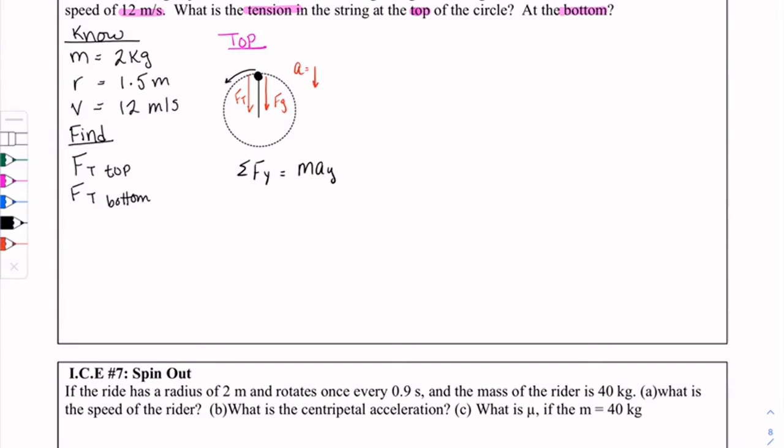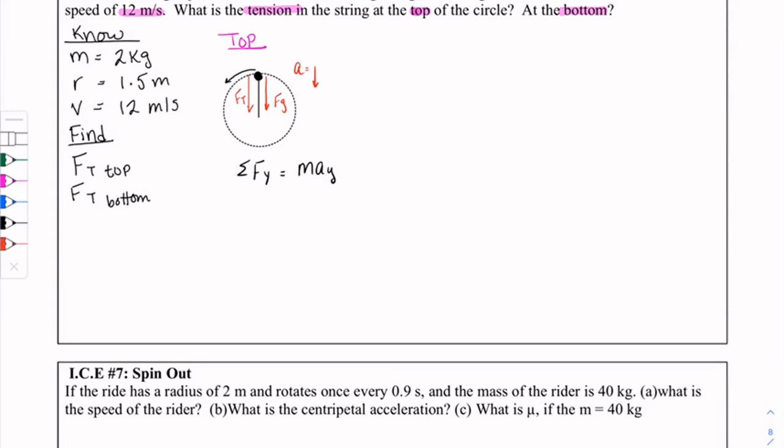I can't say my m a y is 0 because I have a velocity in a circular path, which means I do have an acceleration. Since my tension force and my weight are both going in the same direction as my acceleration, I'll show you again. My tension force is going down, my weight's going down, my acceleration's going down.